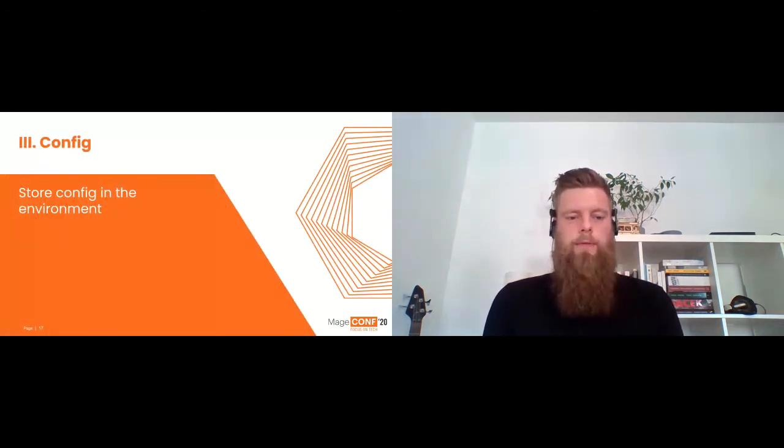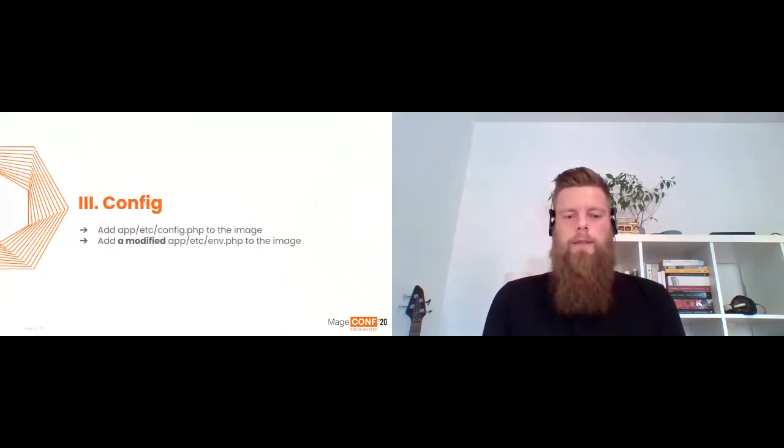For number three, the configuration. We want to store configuration in the environment rather than configuration files. This is slightly tricky, however possible. So we'll need to add config PHP to the image to make sure that we can run code compilation and static assets generation, as well as the env PHP file.